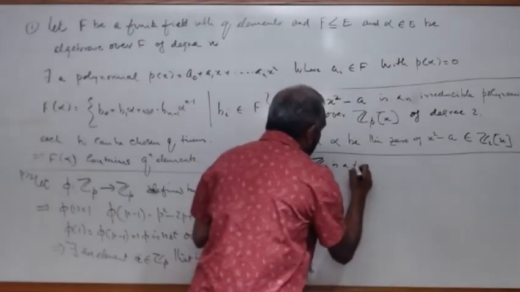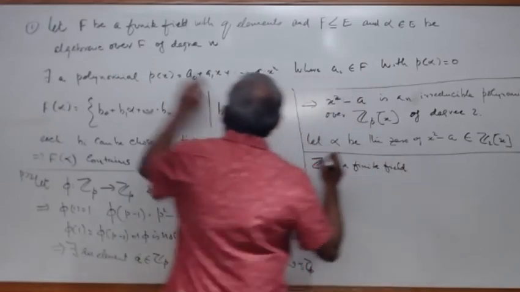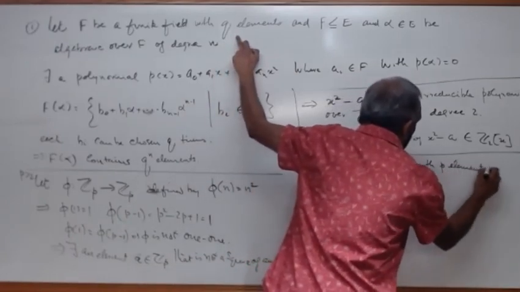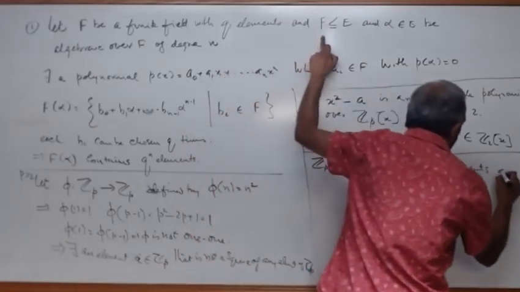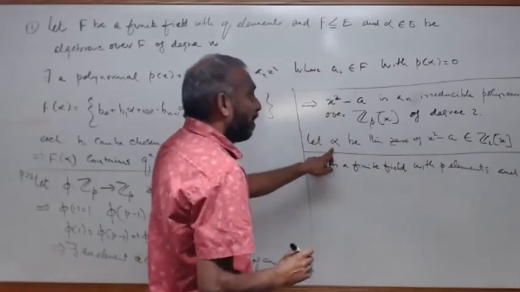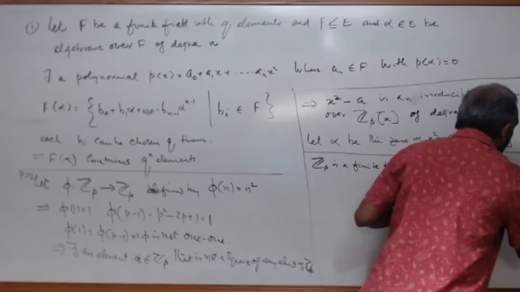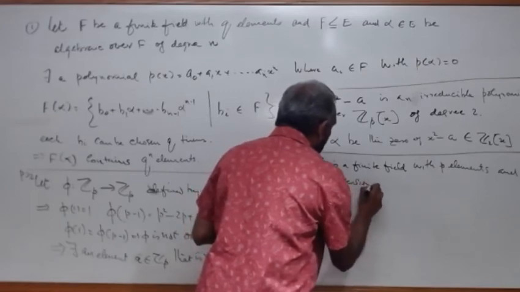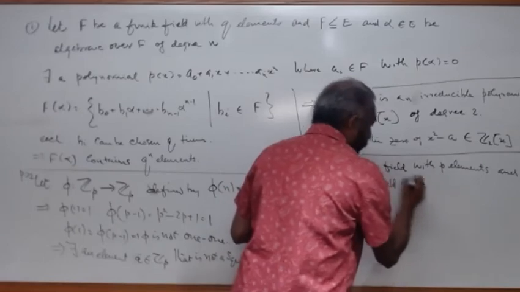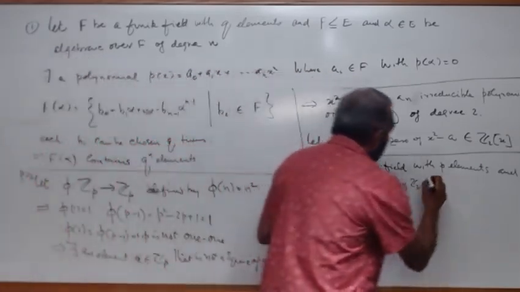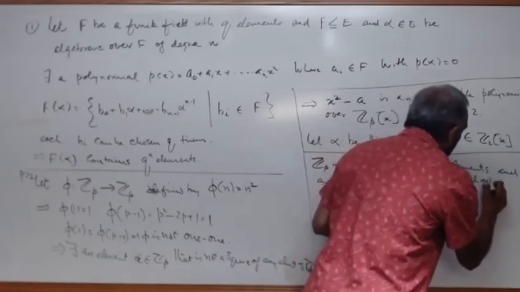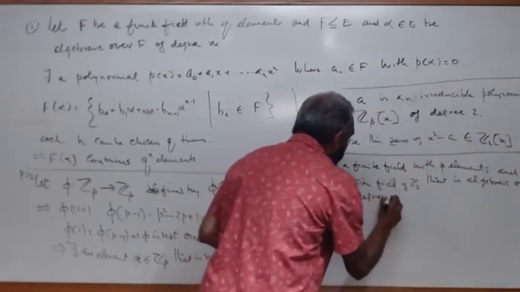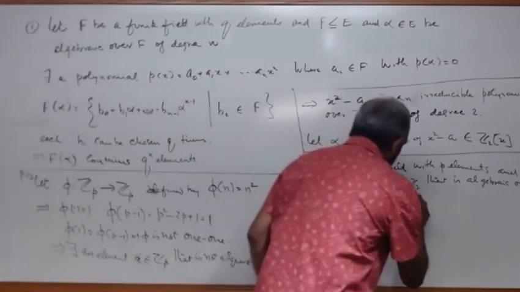Zp is a finite field, which we already know, with the p elements, and there exists an alpha in an extension field of Zp that is algebraic over Zp of degree 2, and that is actually x square minus a.